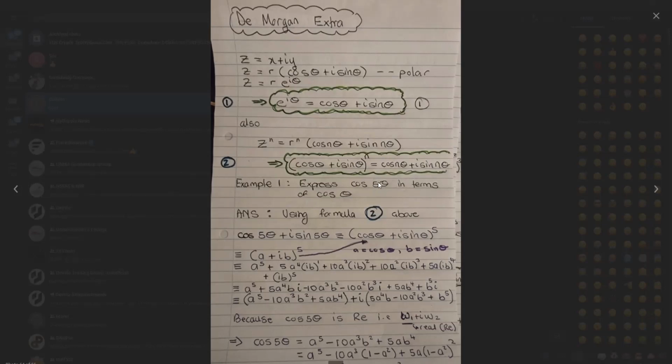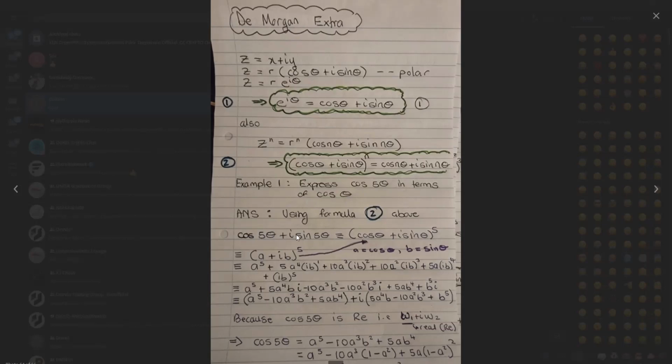So you know there's a 5 here. Using this formula, n is 5 because there's a 5 here. Cos 5 theta doesn't go alone. It goes with the entire formula. So when you write it down, you don't see it as cos 5 theta.